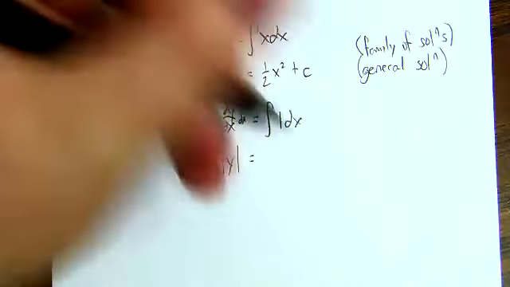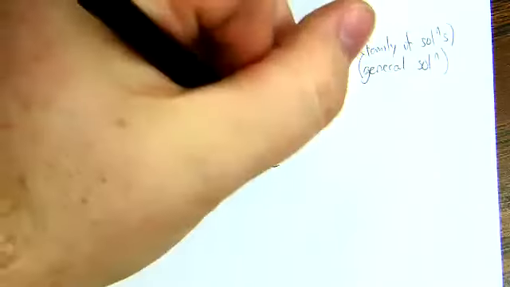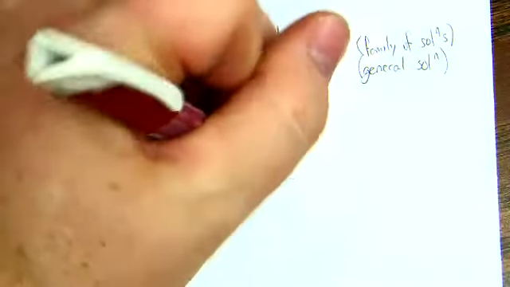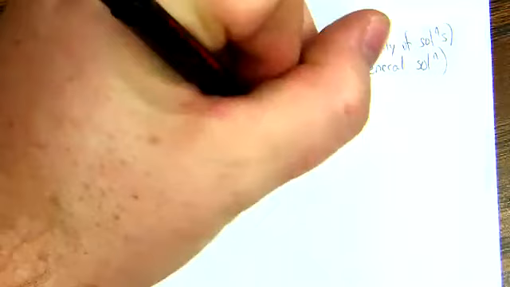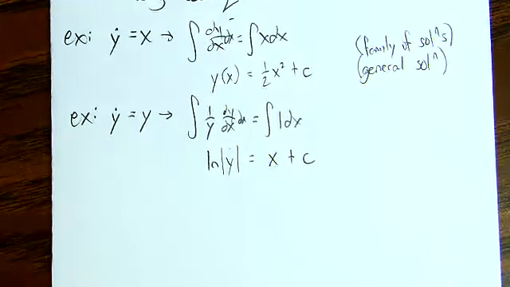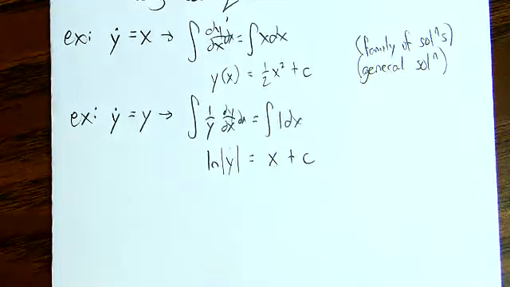The antiderivative of 1 is 1x plus a constant, because the derivative of x is 1 and the derivative of a constant is 0.